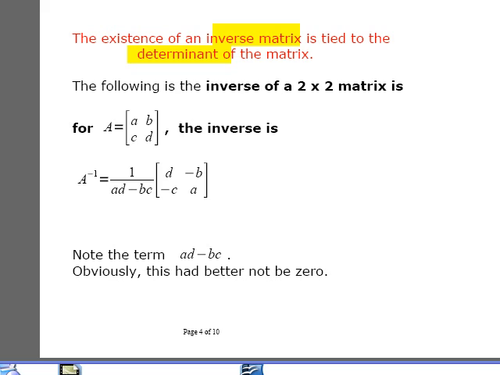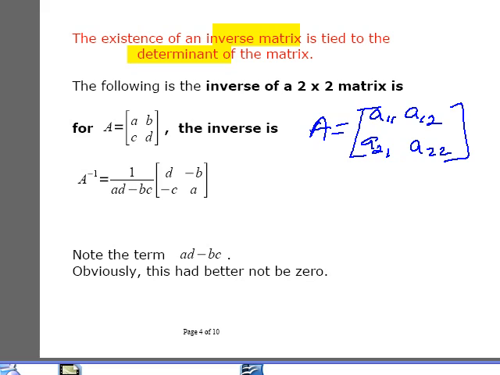Now if I have any 2 by 2 matrix, instead of calling the elements what we usually do, A11, A12, A21 and A22, I'll write A, B, C, D. It's going to be easier to handle.